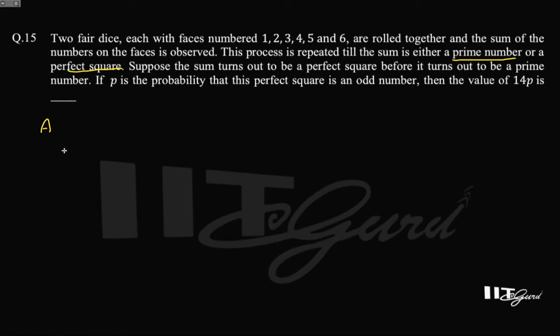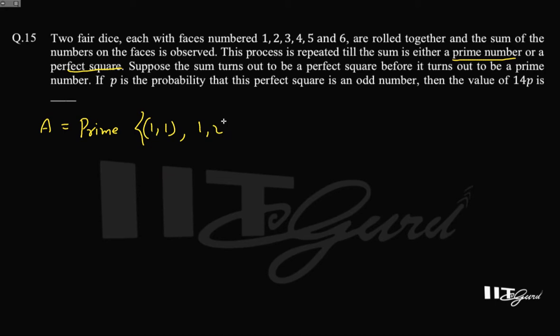So let's analyze and make the sample space for prime numbers and perfect squares. Let A be the event for prime. Now for prime, for these two dice, the sum should be prime, which means 1 1 should not be there. Now keep 1 constant on the first die, and for the second die change the values.